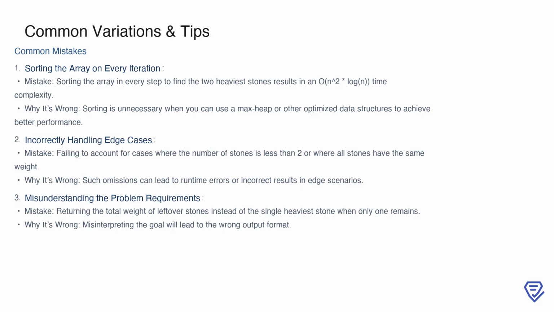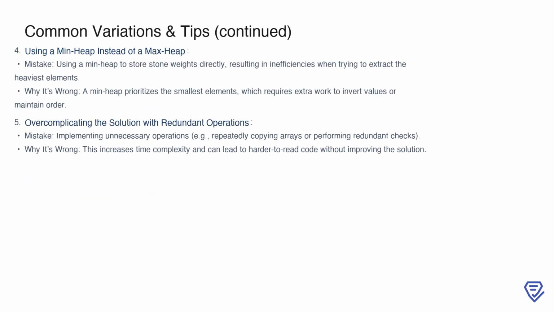Lastly, it's important to fully understand the problem requirements. For example, the goal is to return the weight of the single remaining stone, not the total weight of all leftover stones. Misinterpreting this can lead to output that doesn't meet the problem's specifications. Another mistake to watch out for is using a min heap directly to store stone weights. Since min heaps prioritize the smallest elements, they don't align naturally with the goal of repeatedly finding the 2 largest stones.